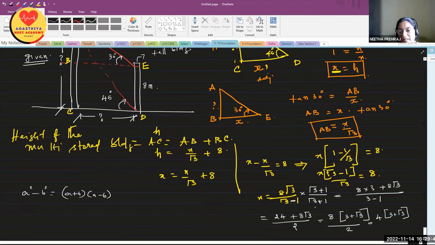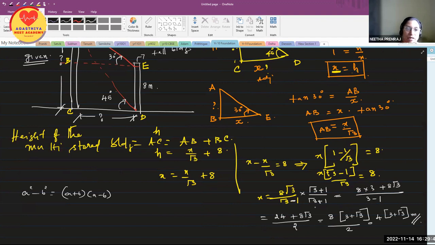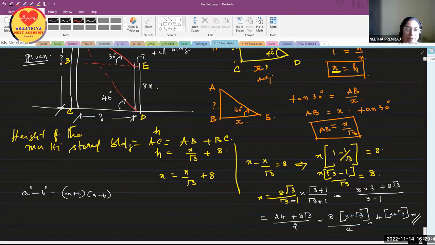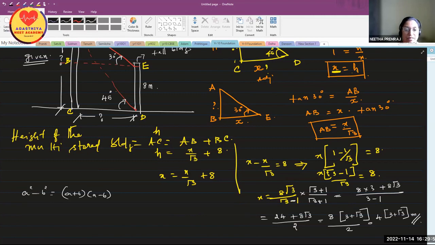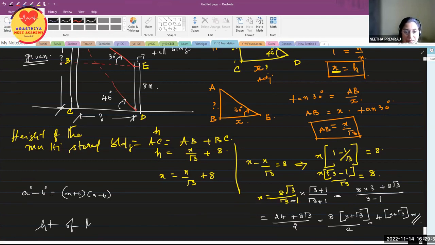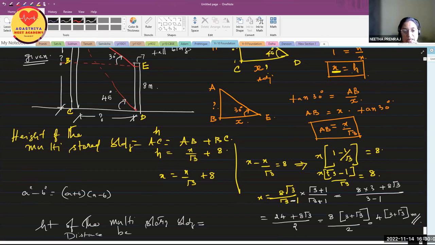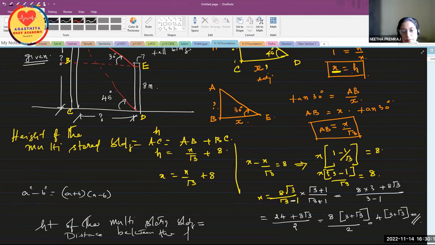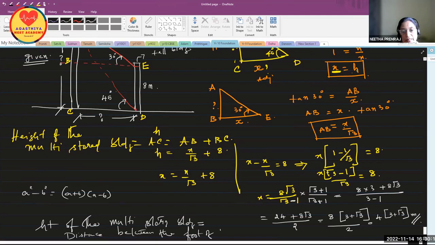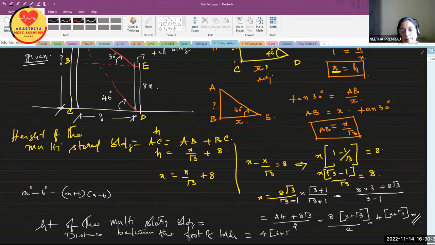So this is X and H, both are equal, right? So the height of the multi-storied building is equal to the distance between the feet of the buildings. That is equal to 4 times 3 plus root 3 meters.